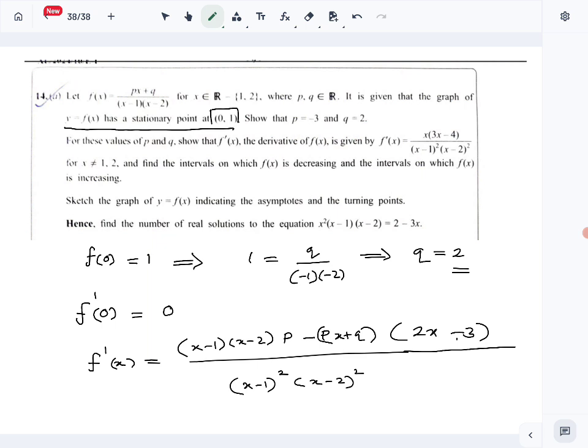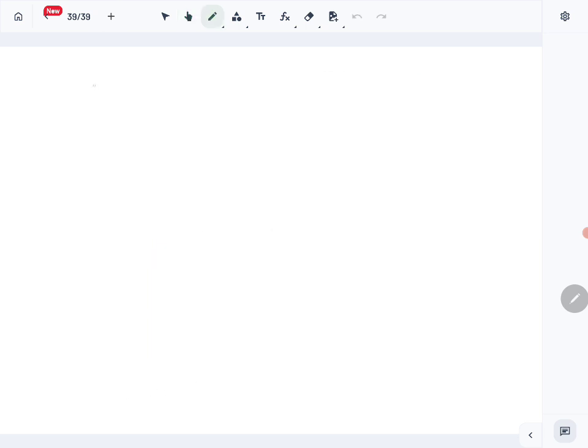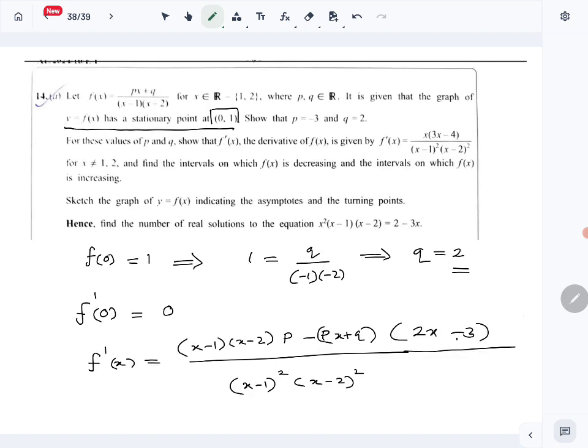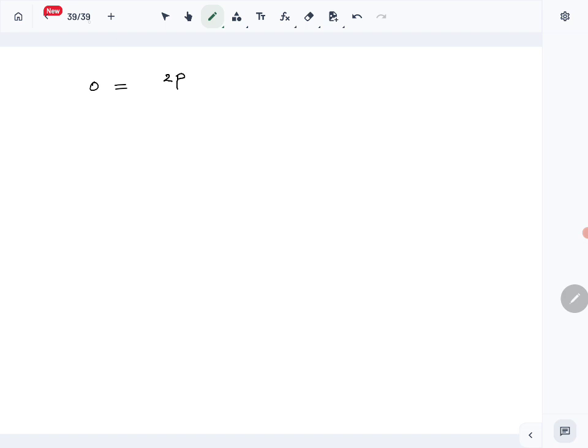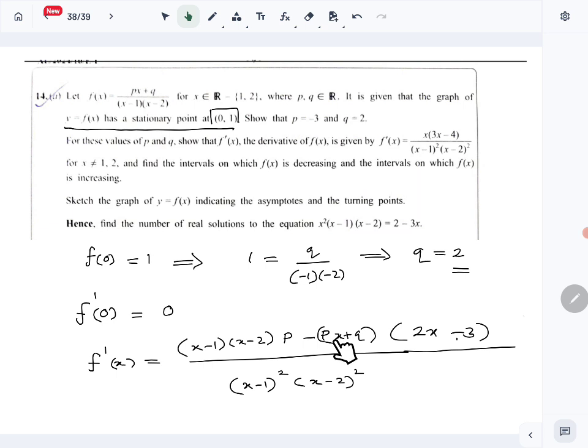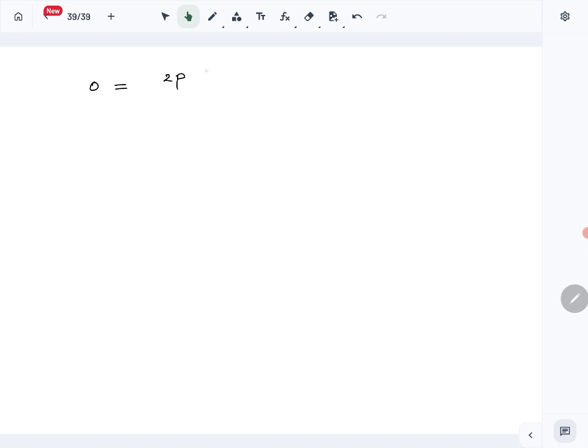We know this condition, the derivative value at 0 is equal to 0, so we will use that. Substitute x equals 0. So what do we get? 0 is equal to minus 1 minus 2p, so 2p, and here 0 minus q minus 3, so 3q: 2p plus 3q.